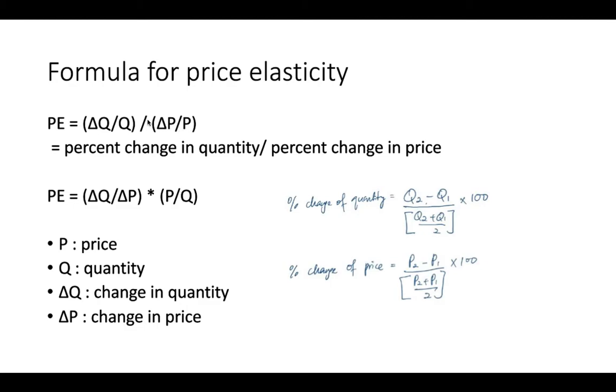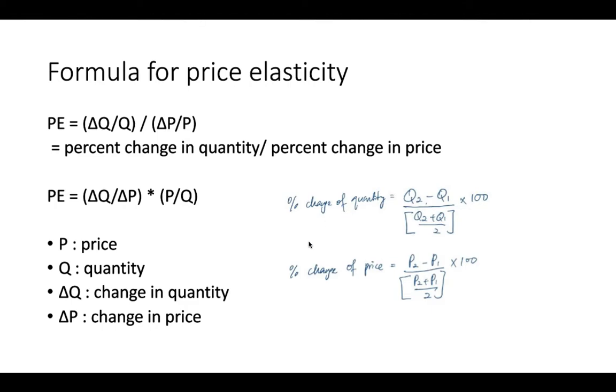You can also use this one as the own price elasticity because this one and this one are actually similar, right? So in order for you to get the percent change in quantity, you can use this formula, whereby the quantity after you change the price minus the initial quantity, divided by the second quantity plus the first quantity divided by 2, times 100.